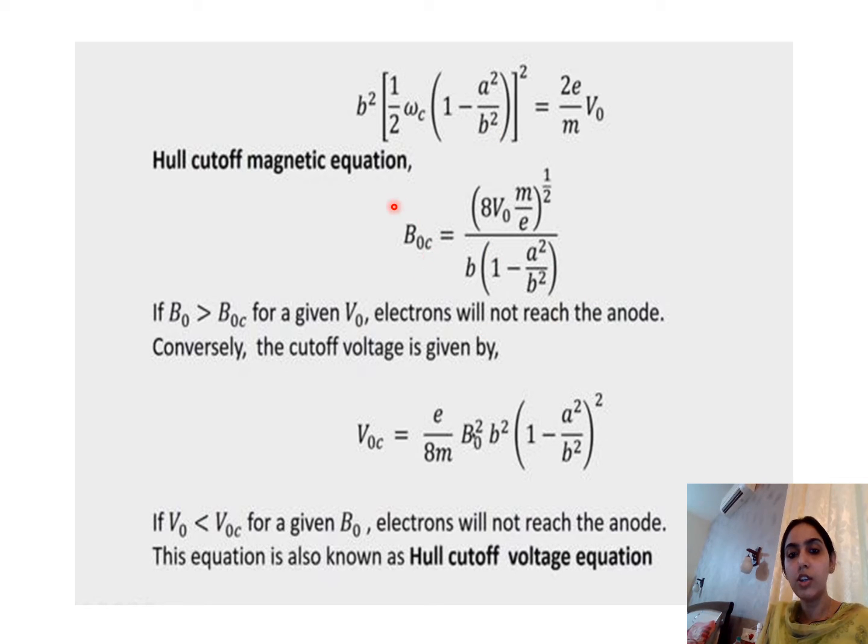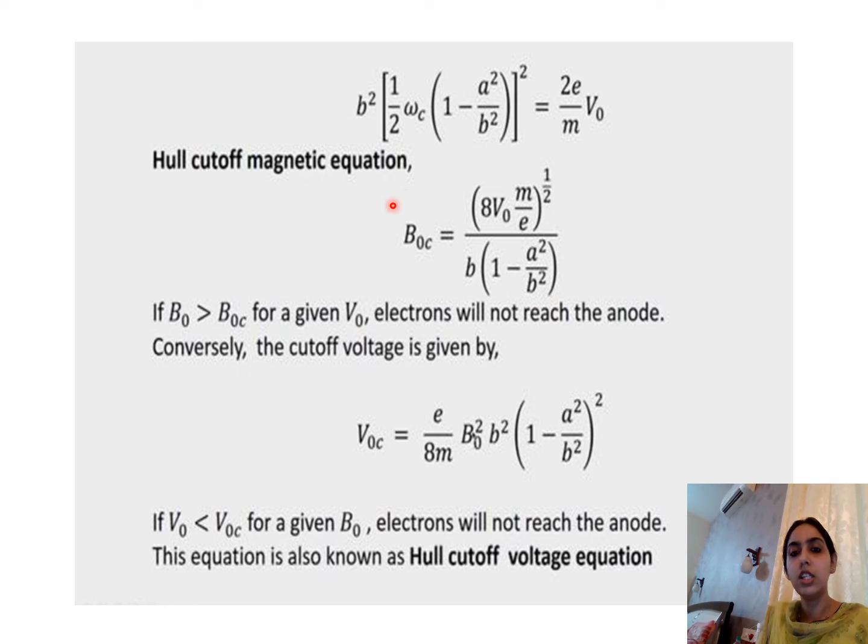So the cutoff magnetic field Boc is the magnetic field at which the electrons are not going to reach the anode. That is, electrons get emitted from the cathode, will just graze the surface of the anode, but will not reach the anode. It will again come back to the cathode.